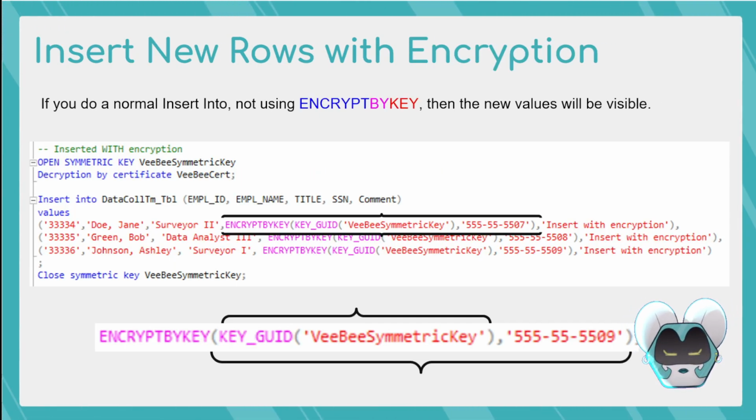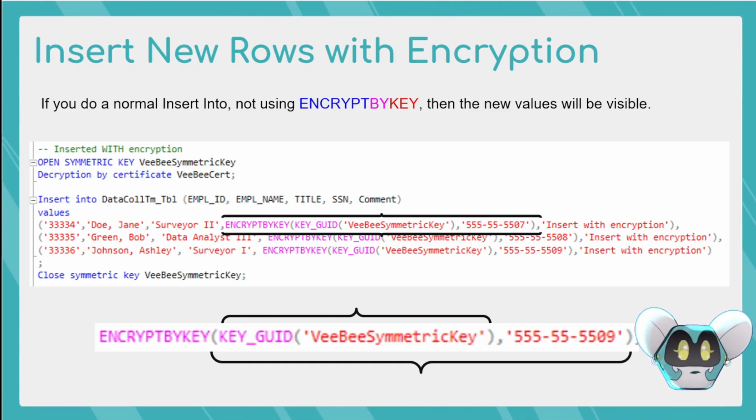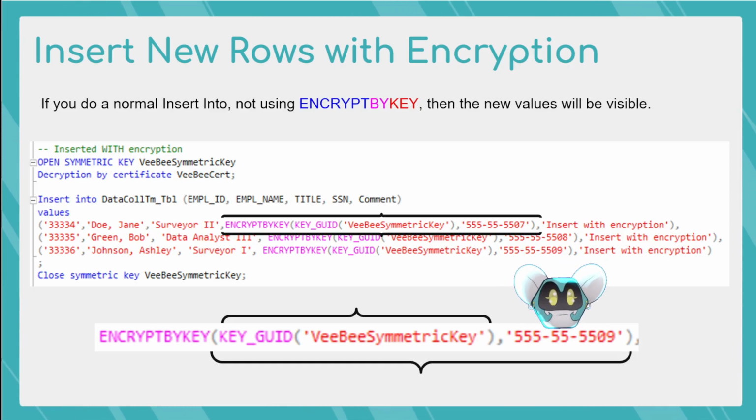If you are inserting additional data into your table and you want to encrypt the data as you are inserting, then you would surround the key information. In this case, we are working with fake social security numbers.